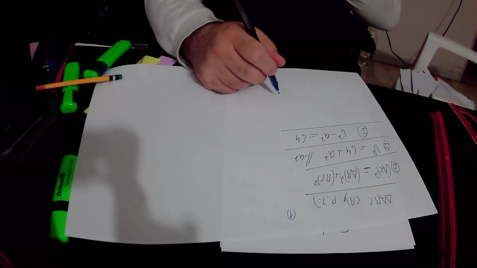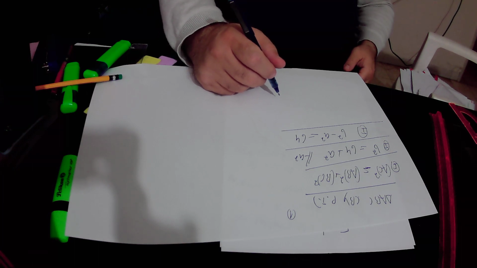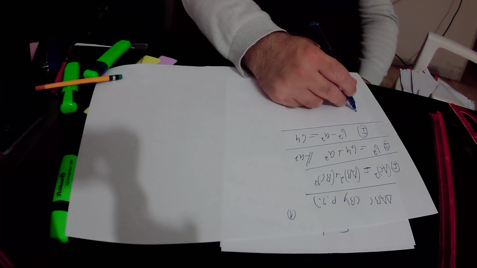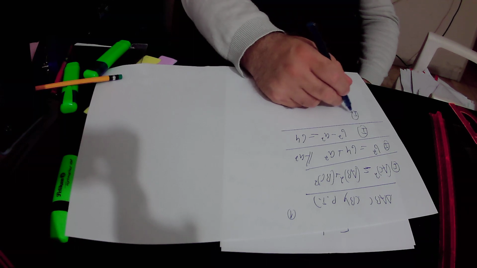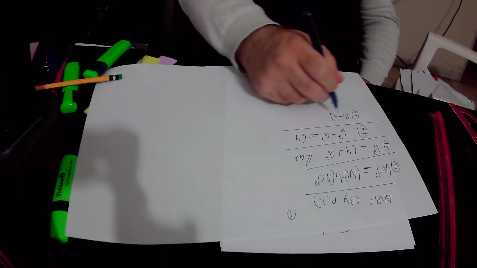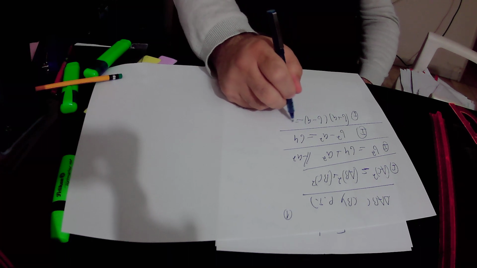Okay, so here we have the algebraic identity that states that B squared minus A squared equals B plus A times B minus A, and it is equal to 64.